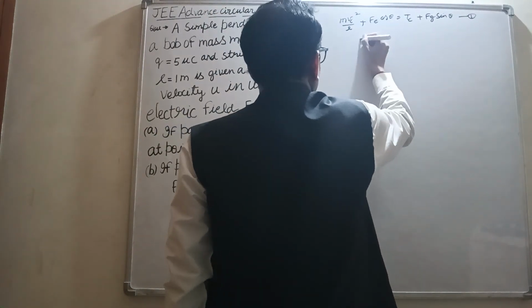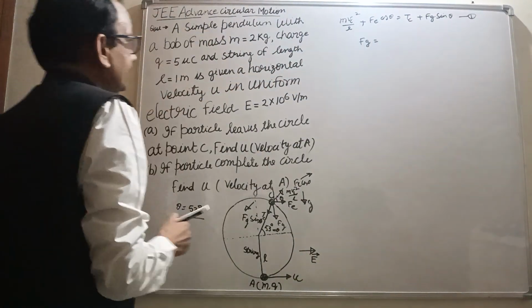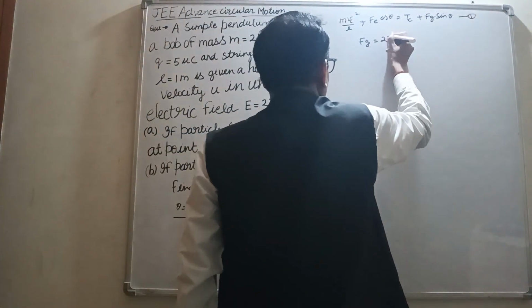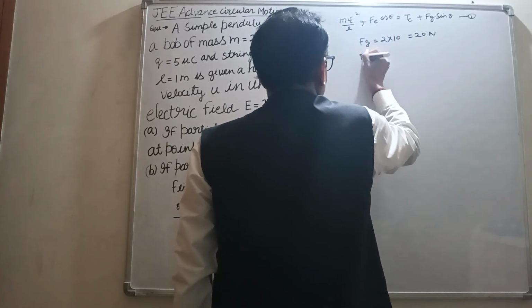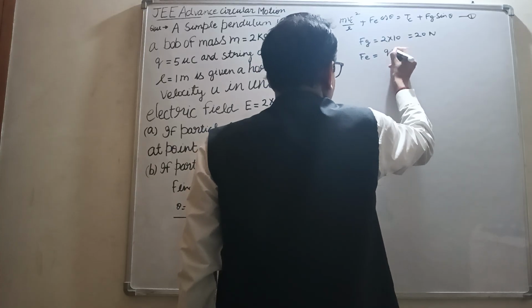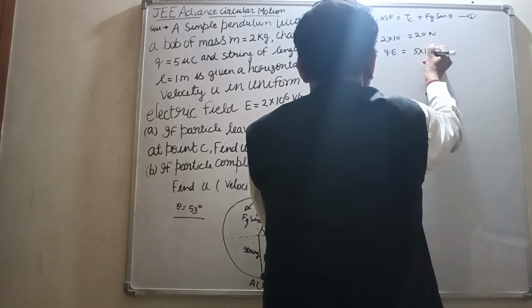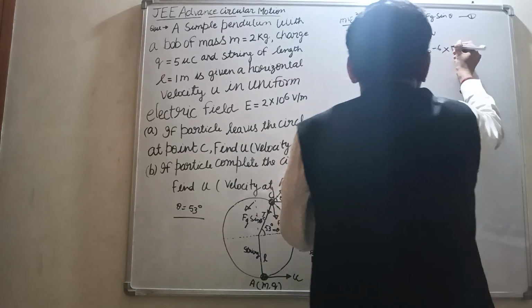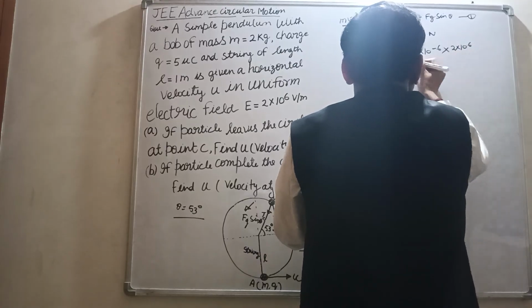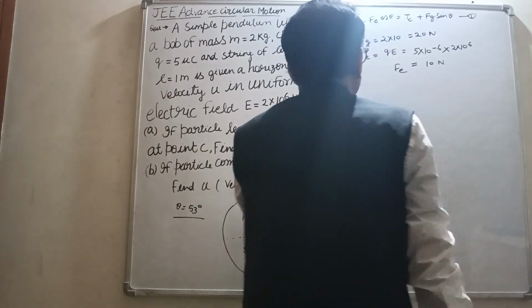So what would be the Fg? Fg would be the mass of the bob, 2 kg, so 2 cross 10, this becomes 20 Newton. And Fe would be QE. What is the value of Q? Q is 5 microcoulomb, 5 into 10 to the power minus 6. And what is E? E is 2 into 10 to the power 6. So this becomes 10 Newton. So Fe is 10 Newton.